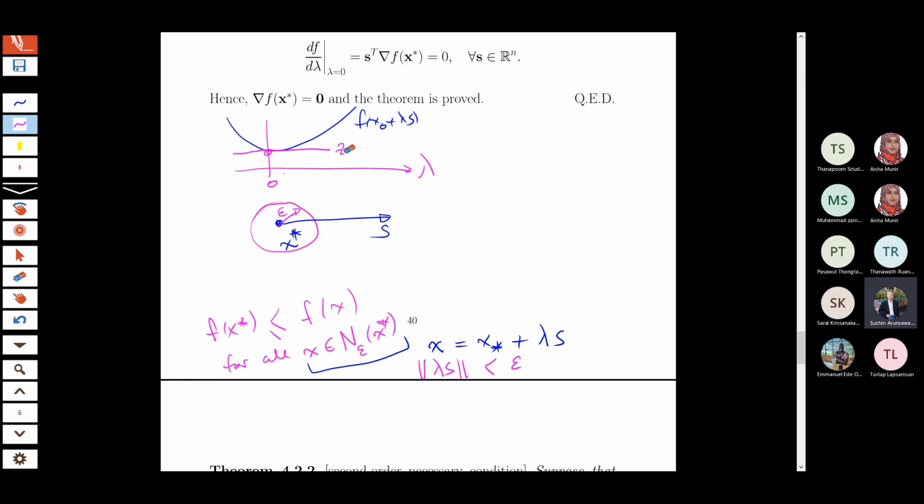Right? The slope at this point is 0 at lambda. Okay, so at this point is 0, right? This is the slope is 0, right?